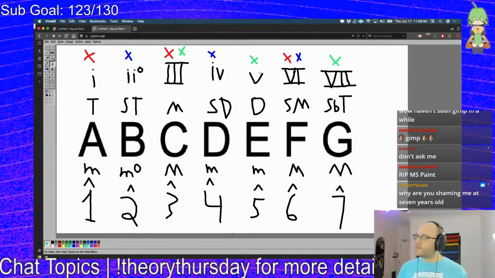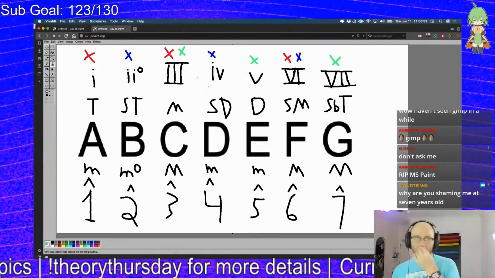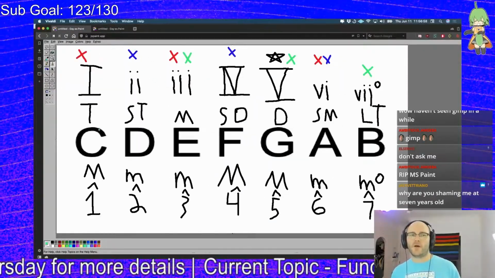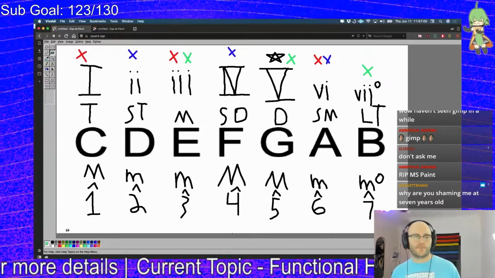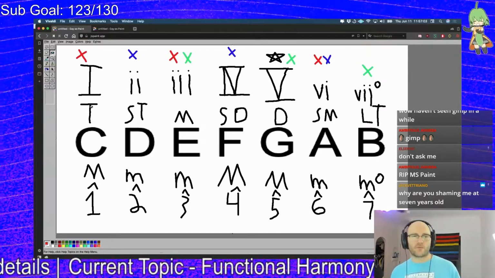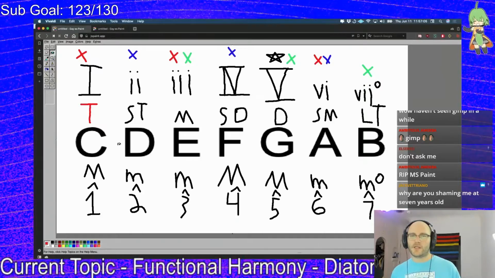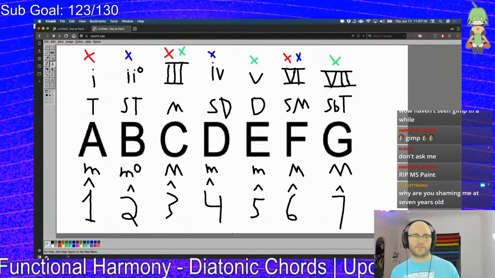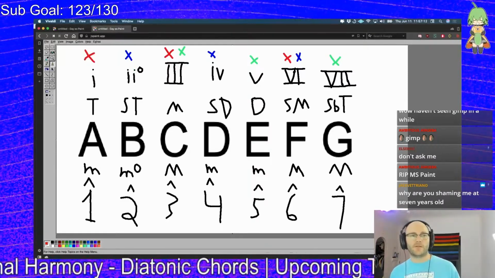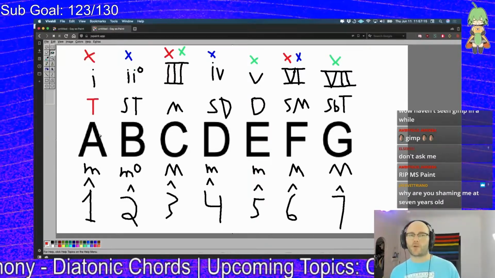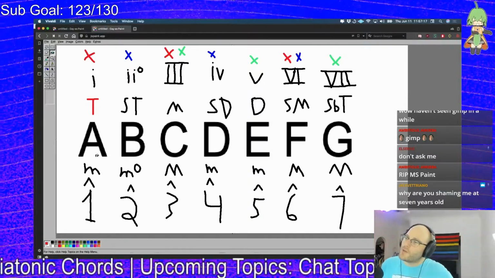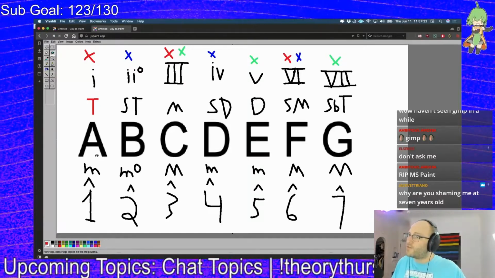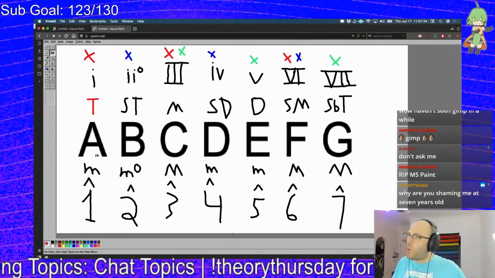So what do these colors mean? Red now means our tonic. Anything that is red is considered a tonic chord, which means when you are writing your chord progressions, you can go to the tonic chord from any other chord.